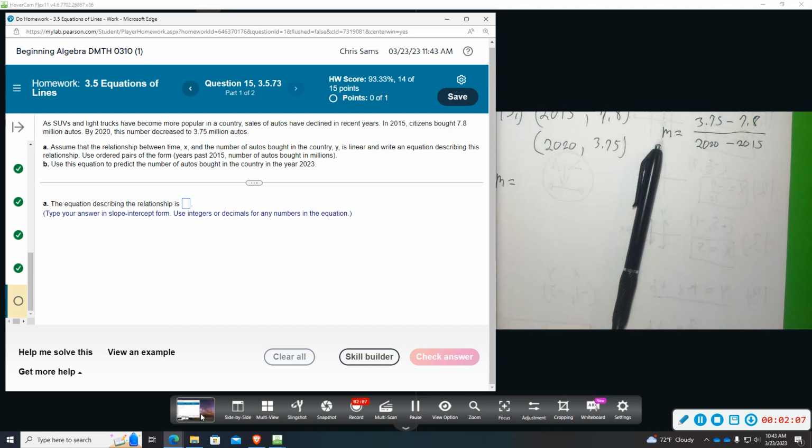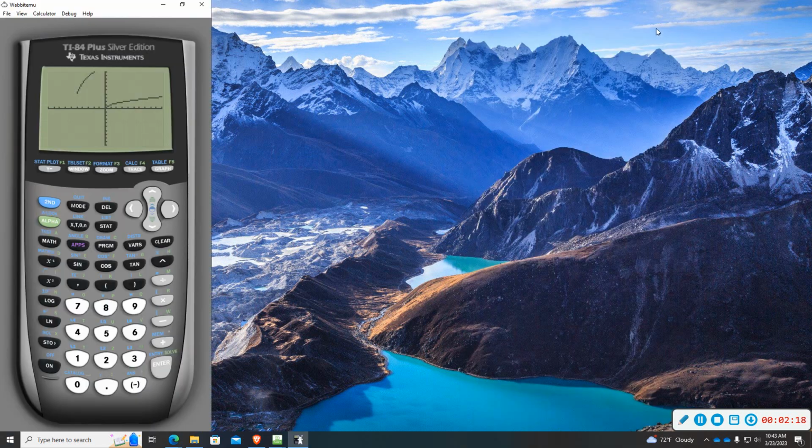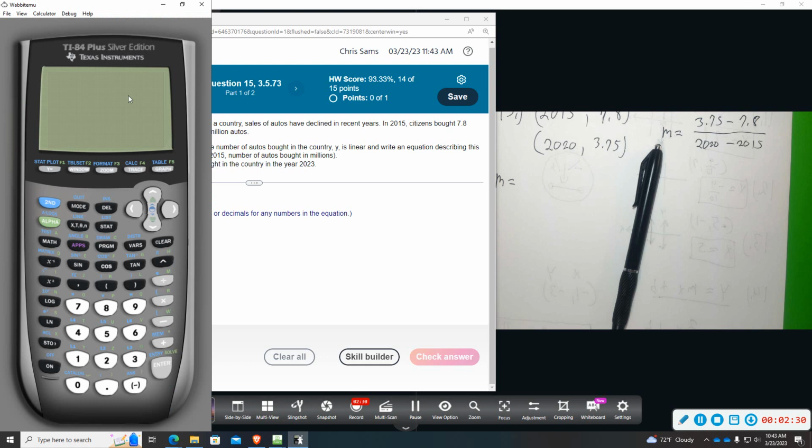Okay, so I'm going to use a calculator, online or downloadable. Clear out what I have. I'm going to put the top in parentheses, so 3.75 minus 7.8, and then divide by, and put the bottom in parentheses so the calculator doesn't make that mistake.